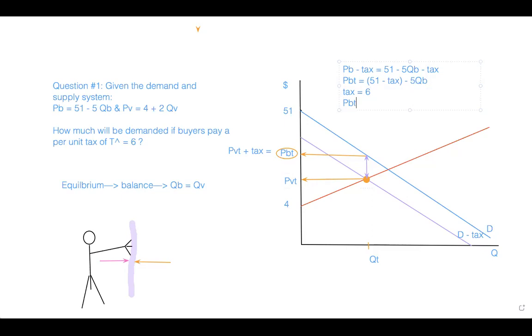And so our new effective demand curve with the tax is the 51 minus the 6, which is 45 minus 5 QB. And that's what you used, right, Scott? Yeah. And so then we're going to set that equal to supply, and then we'll get that point of intersection. And actually, I'm going to write it this way because it's going to help us a little bit with the algebra that we have to do.